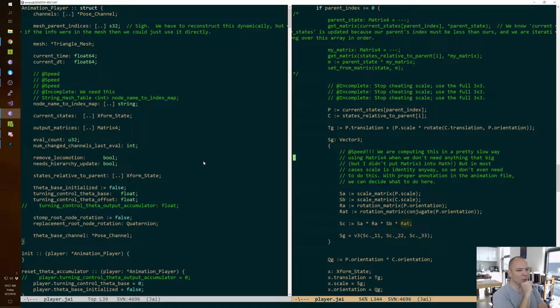Oh, here's the thing. Since I know this scale is diagonal right now, this right multiply is the same as a left multiply. So we could just, none of it matters because it's really identity.